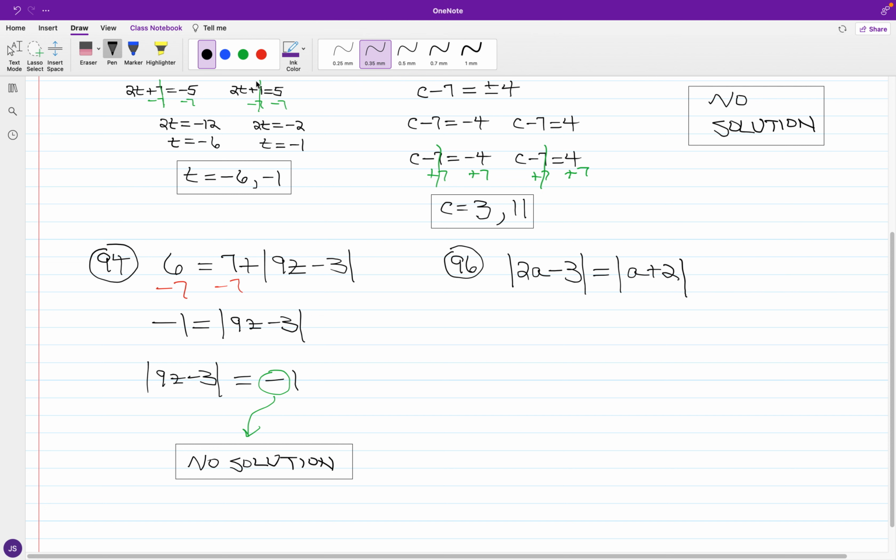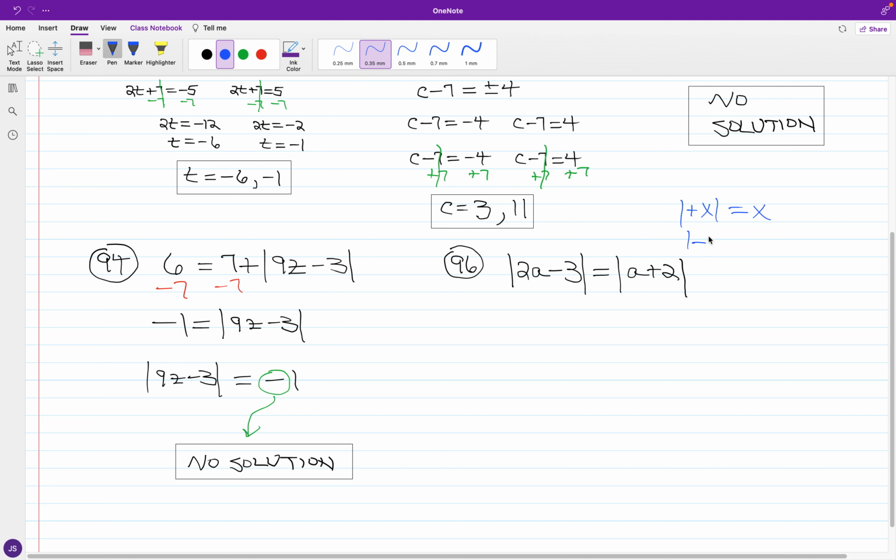Let me give you a little bit of a segue here. Say I have the absolute value of x. The absolute value of positive x is equal to x.